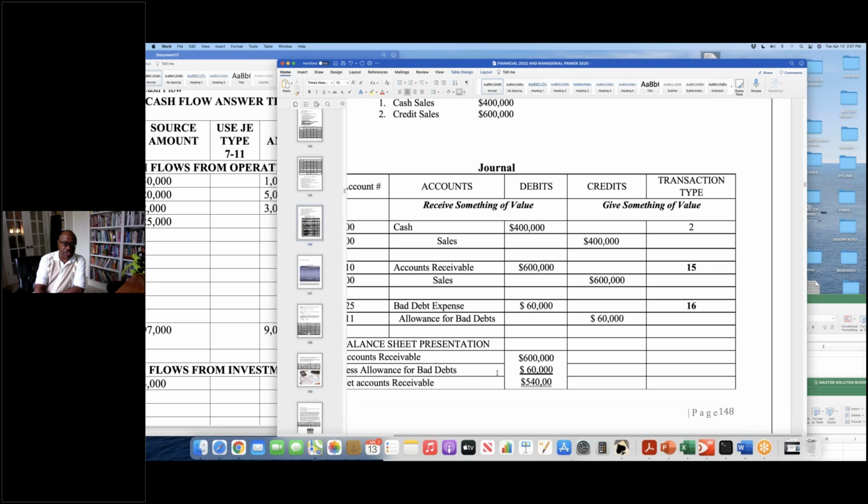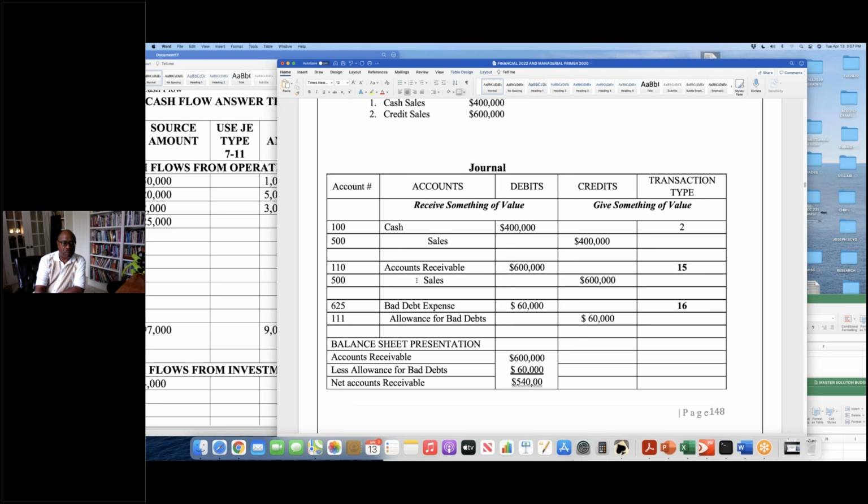Balance sheet presentation. We show accounts receivable less the allowance for bad debts to get the net accounts receivable. So what kind of account is the allowance for bad debts?